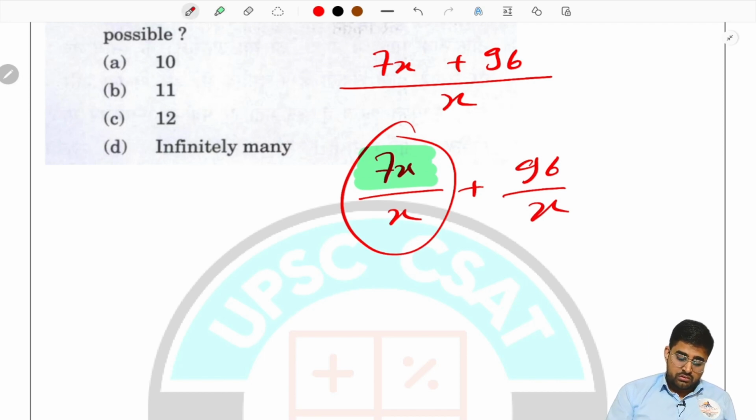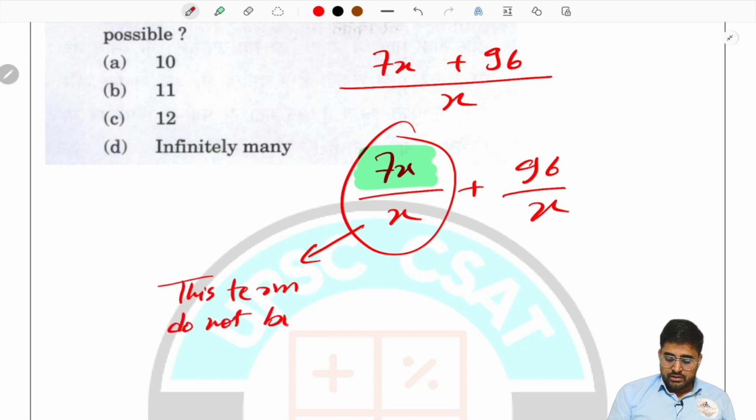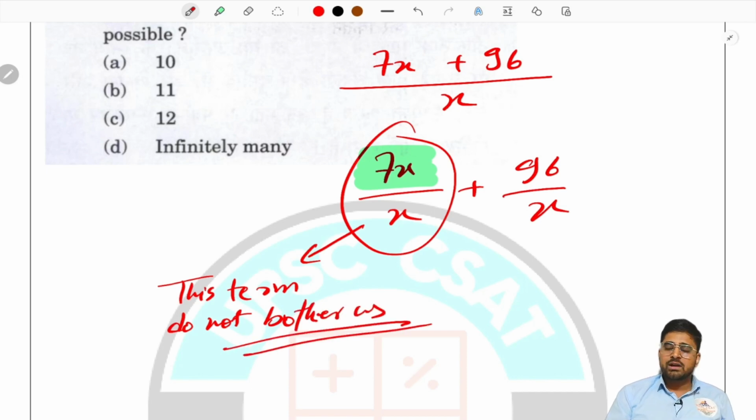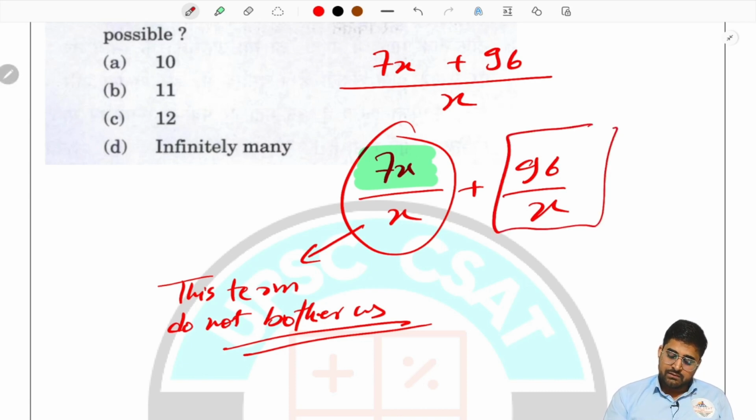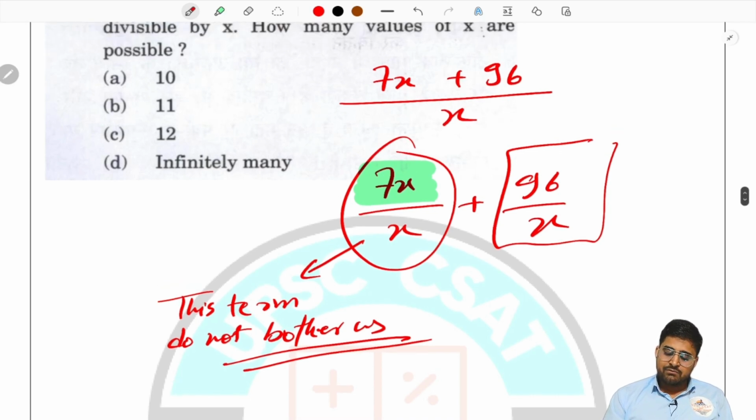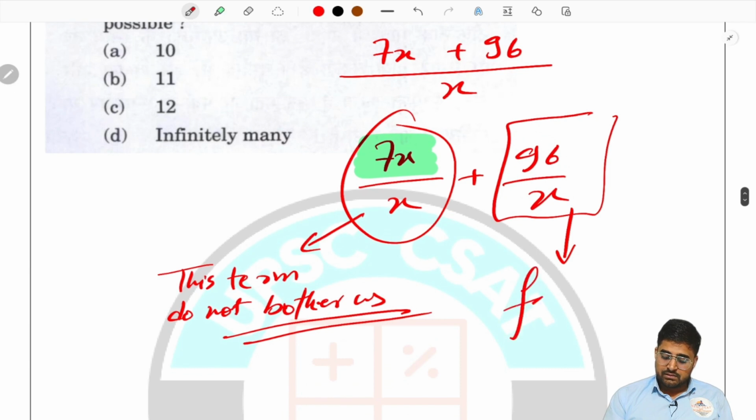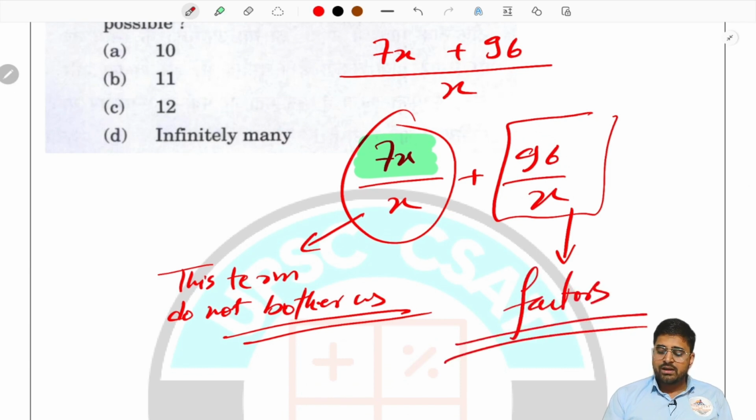So this term does not bother us, because the component of x is multiplied by 7, so it is not important for us. So we have to deal with this situation: 96 divided by x. Basically we have to find out the factors, how many values are possible.